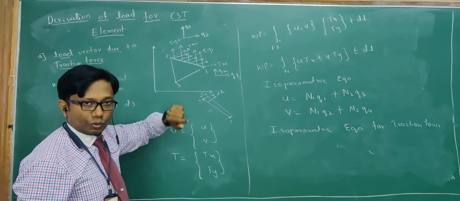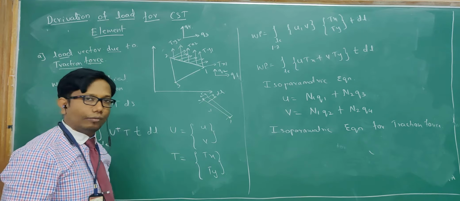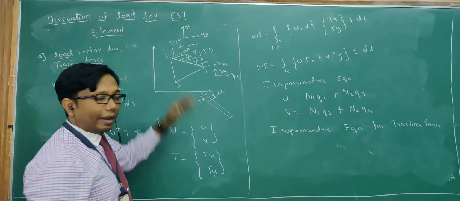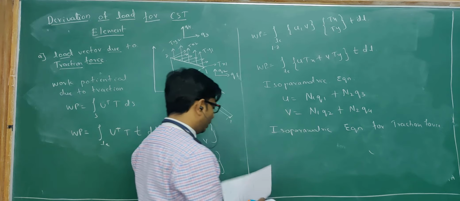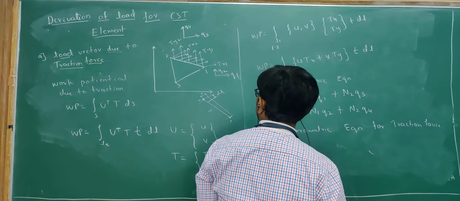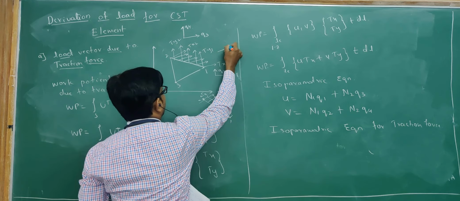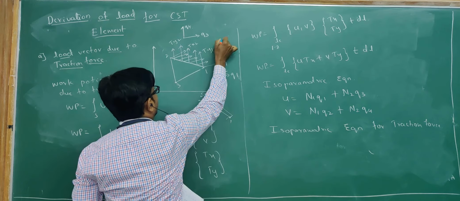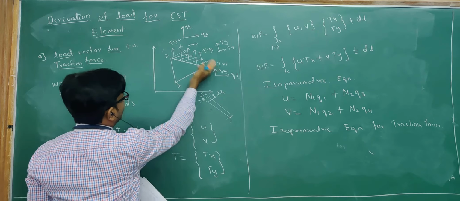So there is a variation of the force. Whenever there is a variation of the force, we will try to find it in the form of a shape function. This side it is dx and this side it is dy. But we have a variation from Tx1 to Tx2.